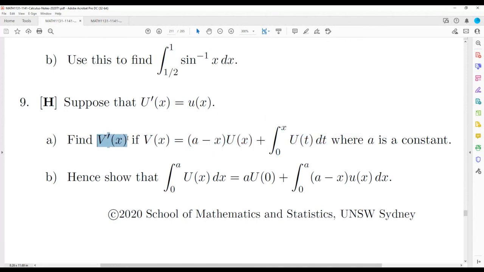So we're asked to differentiate it. So let's use the fundamental theorem of calculus, FTC. All right, so we've got 9. So let me just make some notes and then I'll go to my document camera.